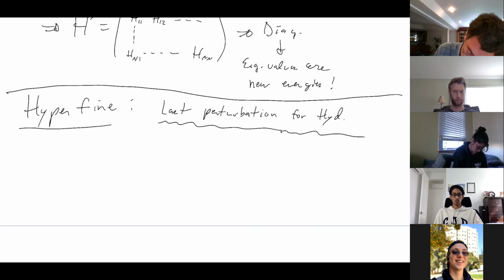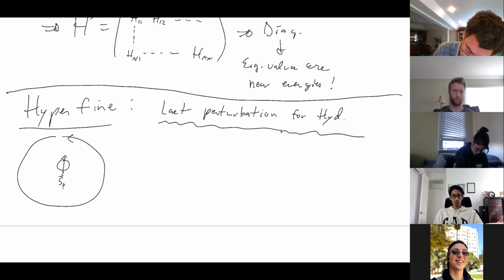The hyperfine comes from the fact that you have, let's say, the proton, which is at the nucleus of a hydrogen atom, has spin, S sub p. And that means that the electron is orbiting it, and that has spin, S sub e.